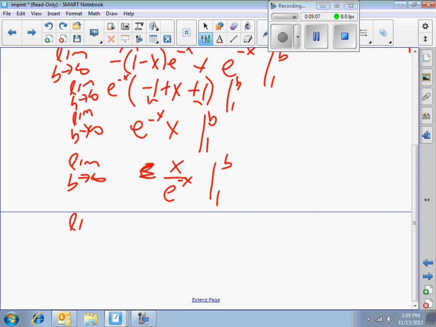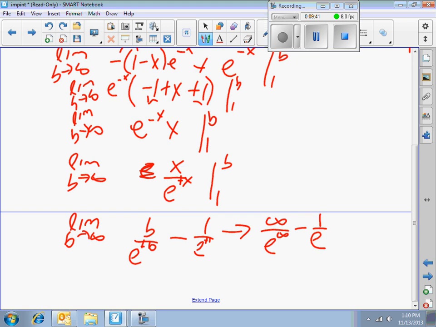Now I'm going to use the first fundamental theorem of calculus that says that can be b over e to the b minus 1 over e to the 1. I'm sorry, let's back up. That should be a positive because I moved it there, so that's positive there and that's positive there. All right, now we can evaluate this. When I put an infinity in, I got infinity over e to the infinity minus 1 over e.